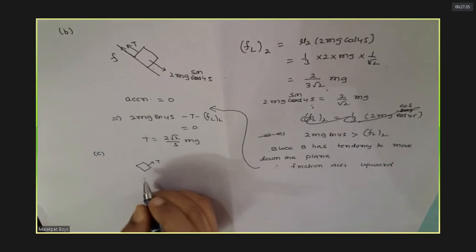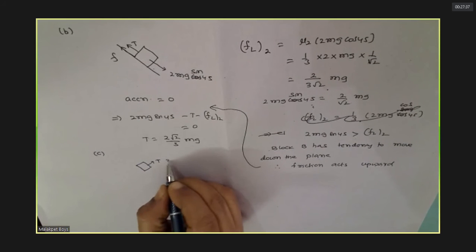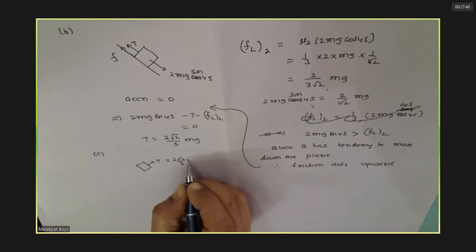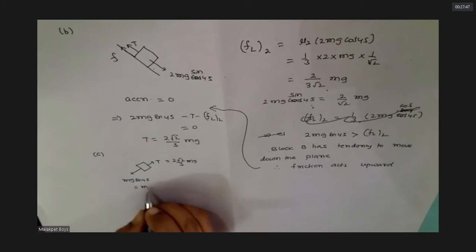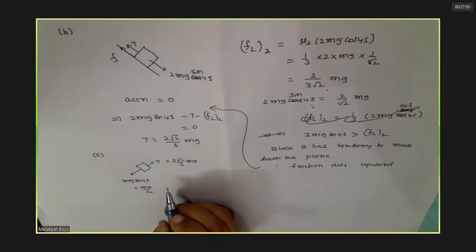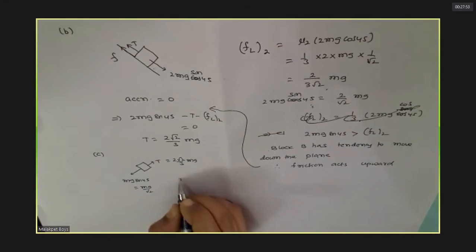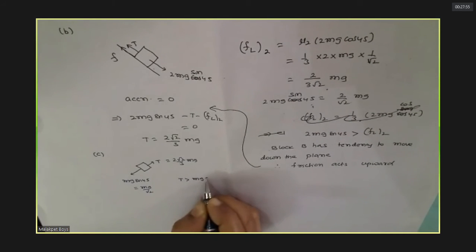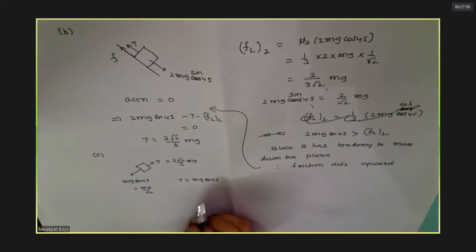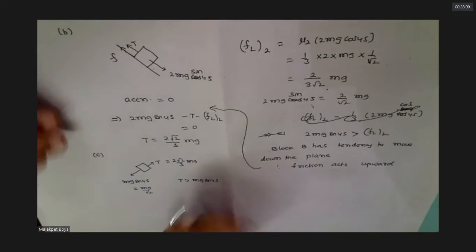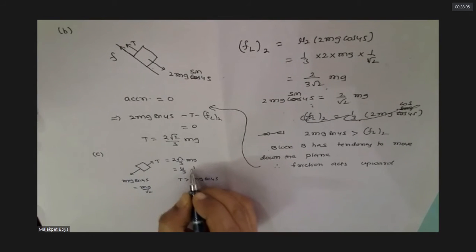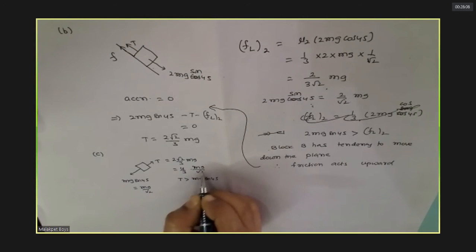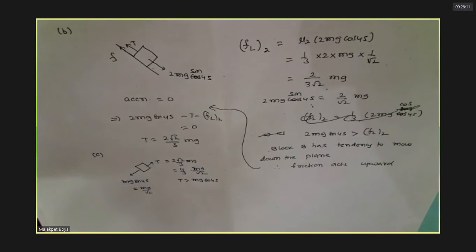this is the tension. And what is this? You have mg sine 45. Which is greater? Do you agree with this? Yes, sir. This you can write like this, if you multiply by root 2.